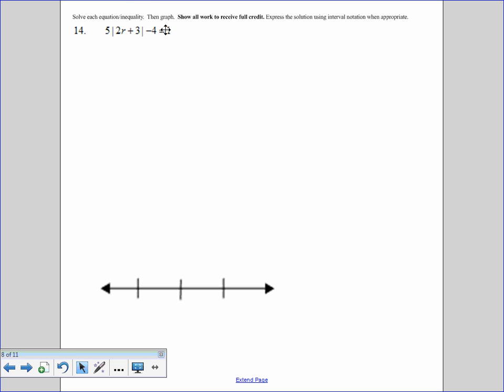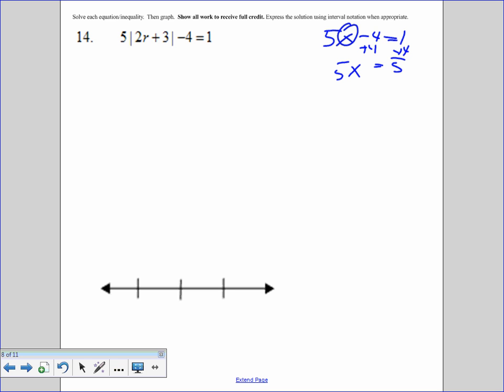All right. Remember that when we do these, if we're solving, we have to isolate the absolute value first. So if you get confused, think about solving this, where this represents the absolute value. We'd add 4 to both sides, and we divide both sides by 5. We're going to do the same thing right here. I'm going to add 4 to both sides, and I'll get 5 times the absolute value of 2r plus 3 equals 5.